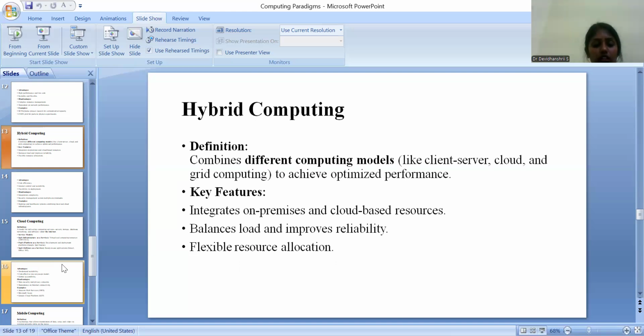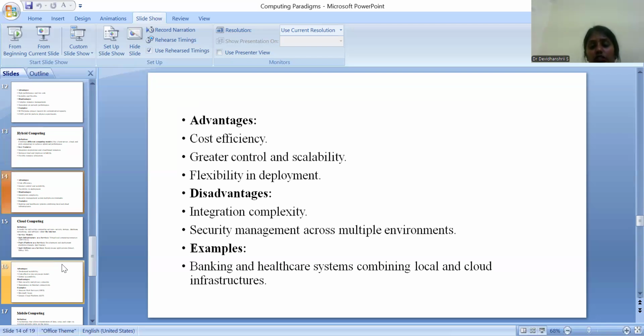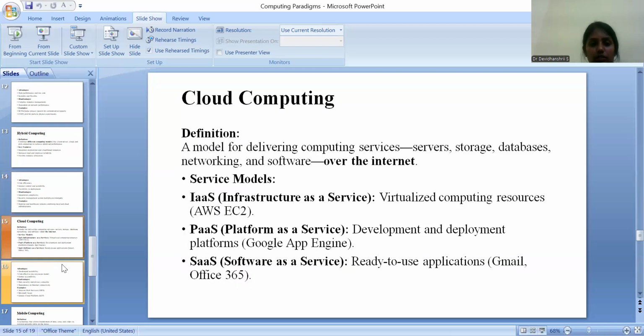It is used for load balancing, improving reliability, flexible resource allocation, cost efficiency, and greater control and scalability. Disadvantages are integration complexity and security management across multiple environments.